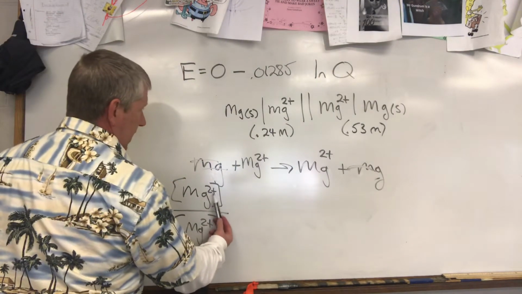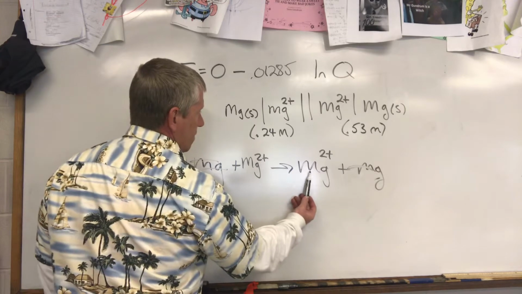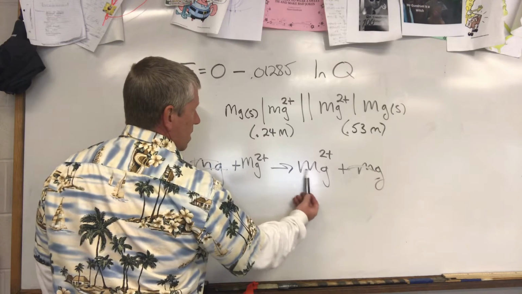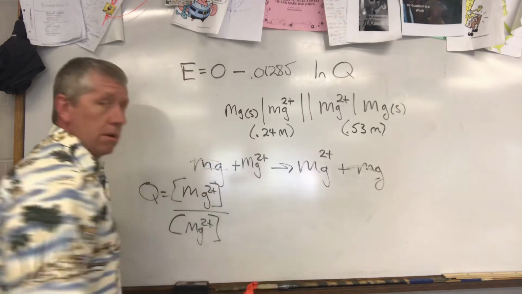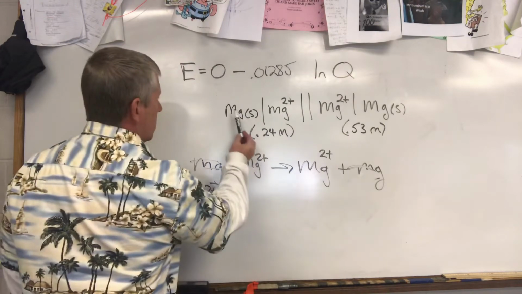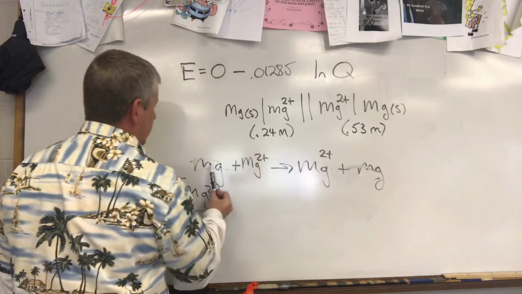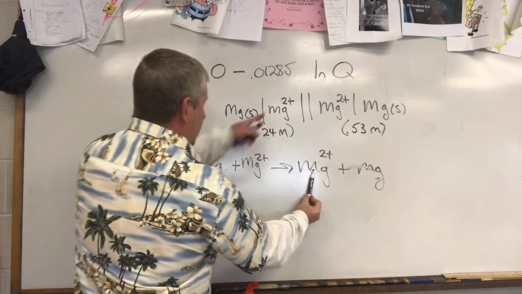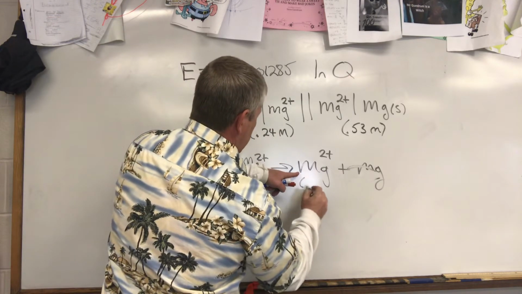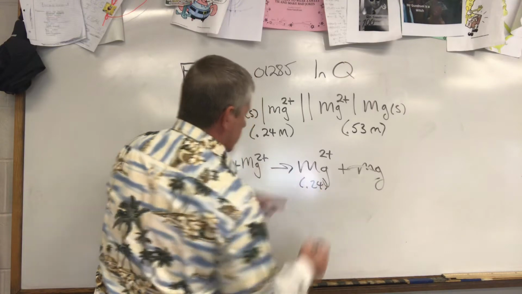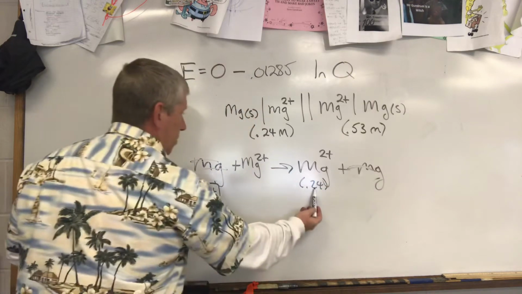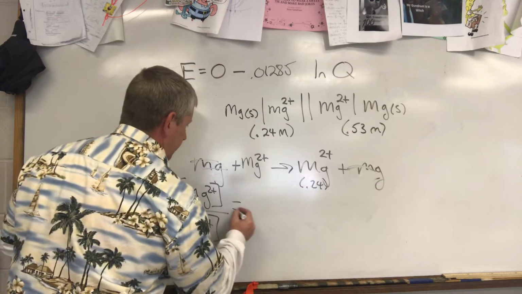This Mg was the product of oxidation. Remember, this became oxidized. This one is 0.24. That 0.24 goes on top.